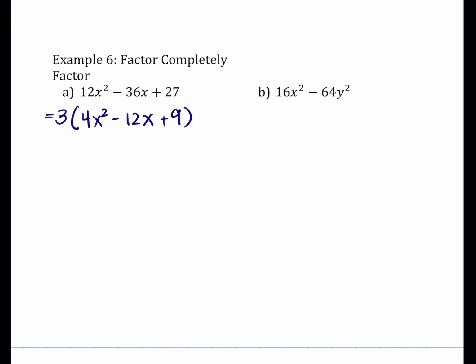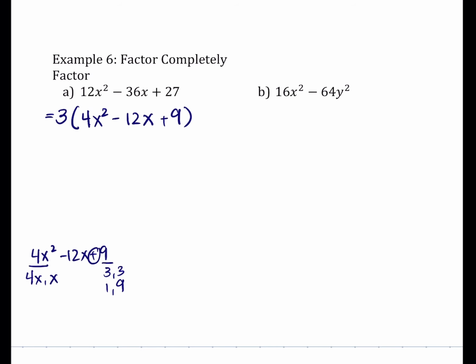From here, I'll factor whatever's on the inside. If you want, you can factor it on the side. Sometimes I like to factor it on the bottom here, where it's out of the way. Okay, so same sign sum. I'm looking at the factors. So we have 3 and 3, 1 and 9. We have 4x and 1x, or 2x and 2x.